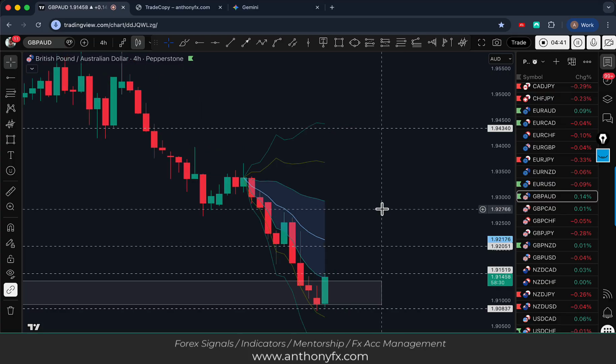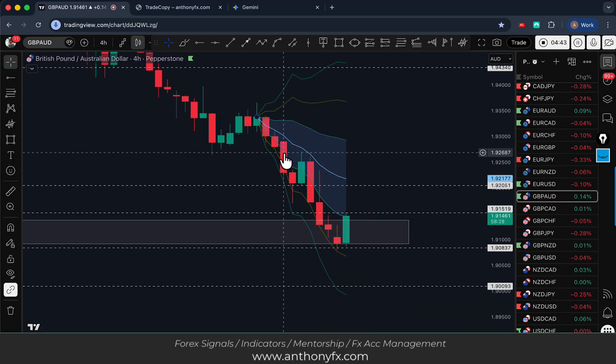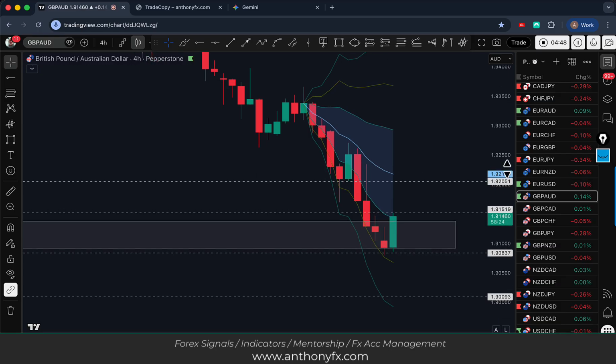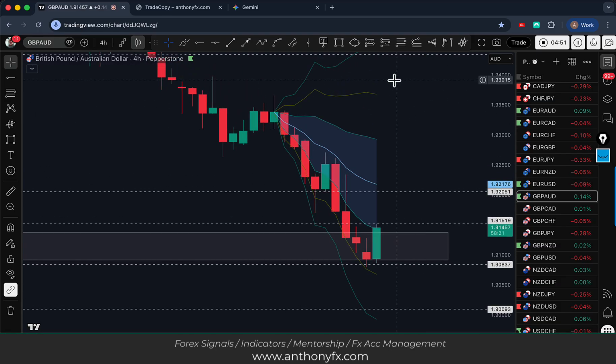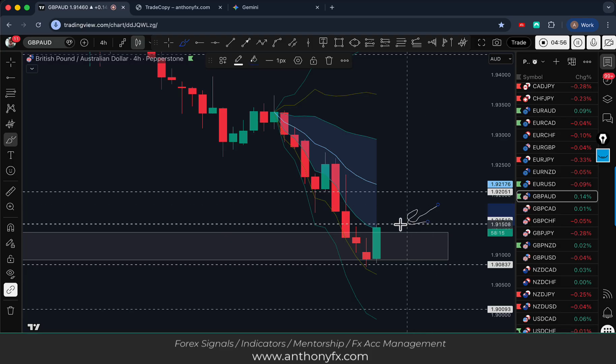Yeah, okay, so what we've got here now, it's expanded out, and this is resistance right here. So you've got two things going on. One, you've got this line here, and then you've got the VWAP deviation, first deviation. I'm hoping that that's going to hold. Right, that's a critical point right there.